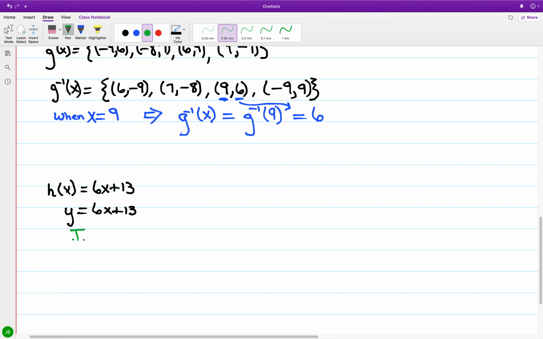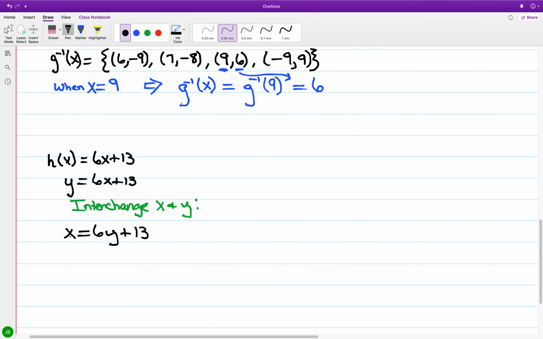Now in looking for the inverse, I'm going to interchange the x and the y. So we have that x is equal to 6y plus 13, and I'm going to solve this equation in terms of y. This y is in reference to the inverse of h of x.